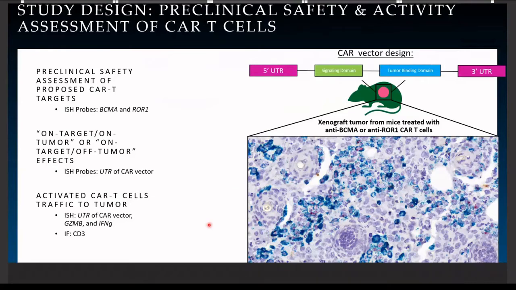And finally, if these CAR T cells are actually engaging in the presence of the antigen, which tells us how effective they are against the specific antigen against which they are designed. So to do this, we designed probes, as I mentioned, against these antigens and also against the 3' UTR of the CAR T vector that was used to deliver these therapies.